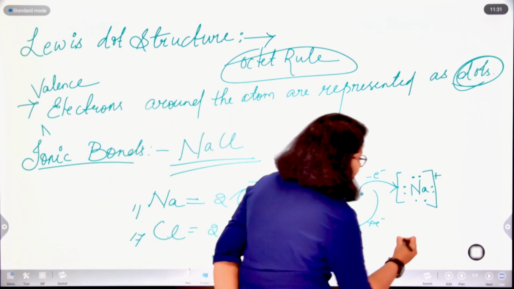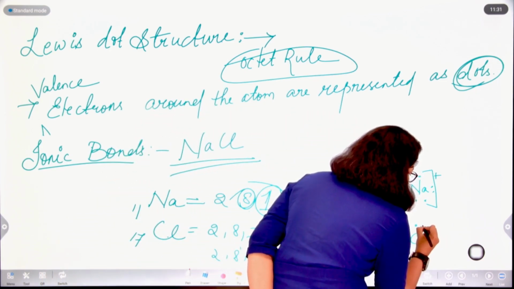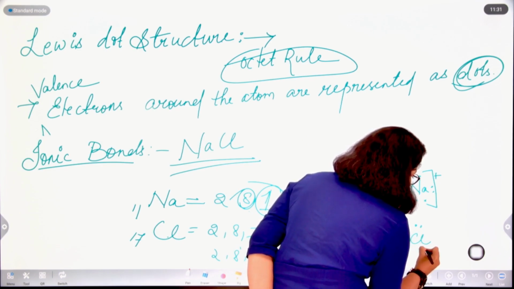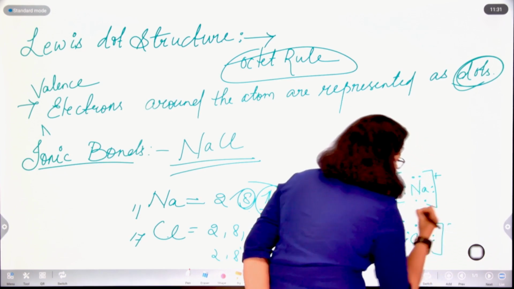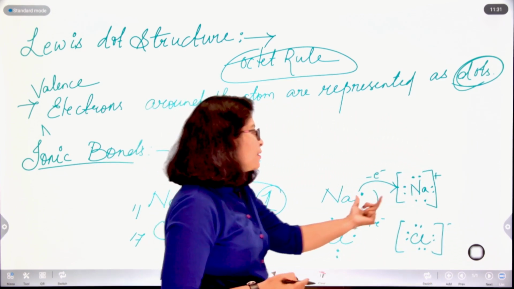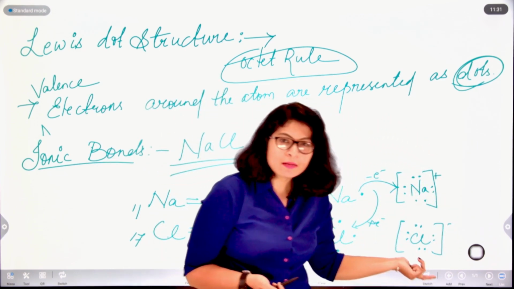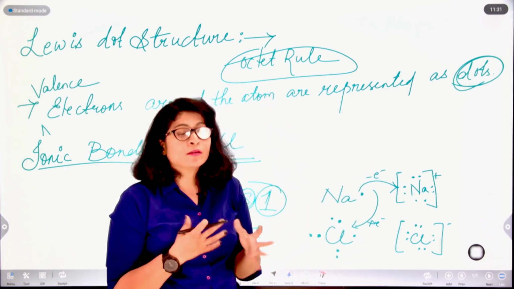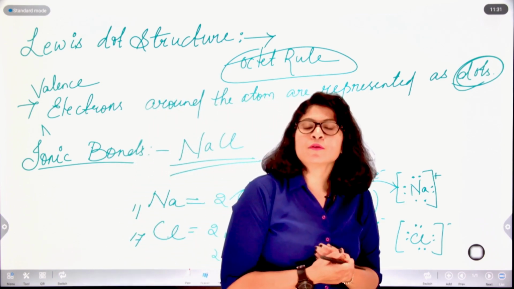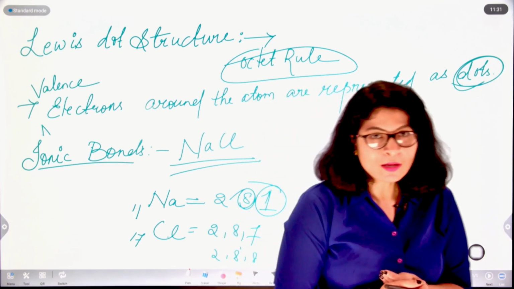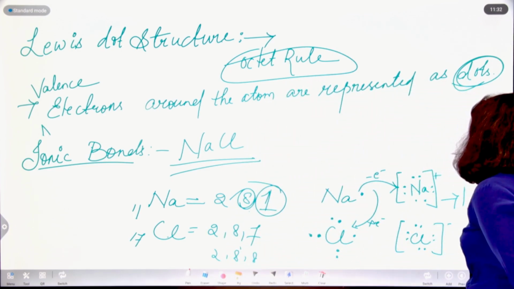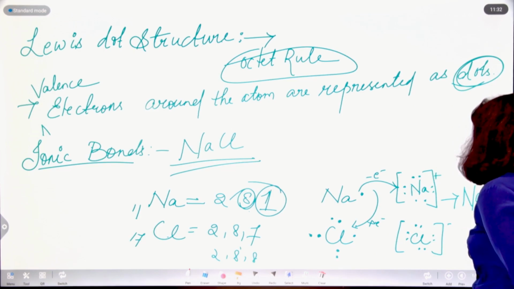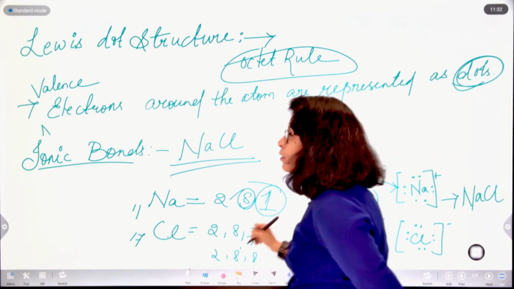Now chlorine becomes Cl-, with 4 pairs. These ions Na+ and Cl- exhibit an electrostatic force of attraction between them, which we call the ionic bond, and they form NaCl. This is the structure for NaCl.